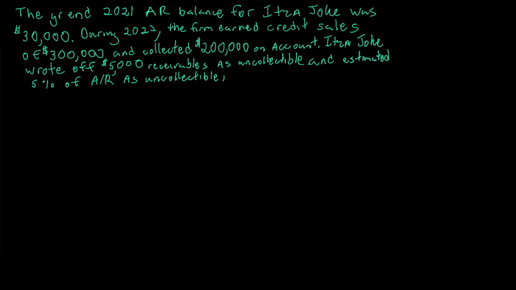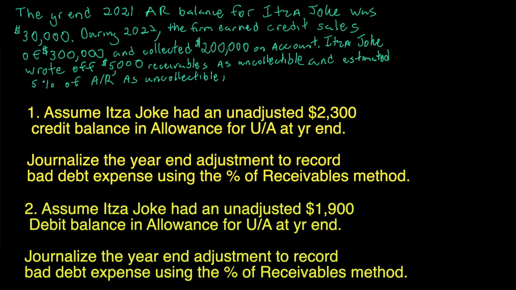So, the requirements are as follows. Assume It's a Joke had an unadjusted $2,300 credit balance in allowance for uncollectible accounts at December 31st, 2016. Journalize It's a Joke's December 31st, 2016 adjustment to record bad debt expense using the percentage of receivables method.